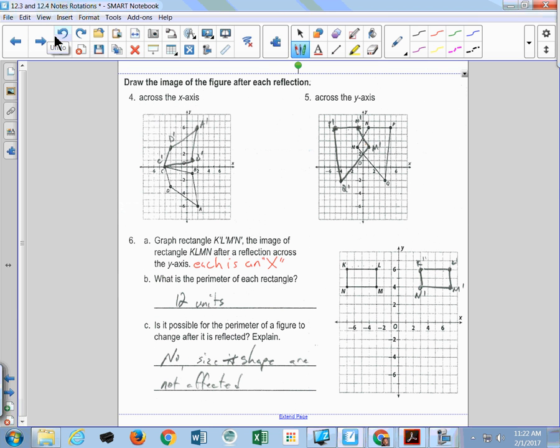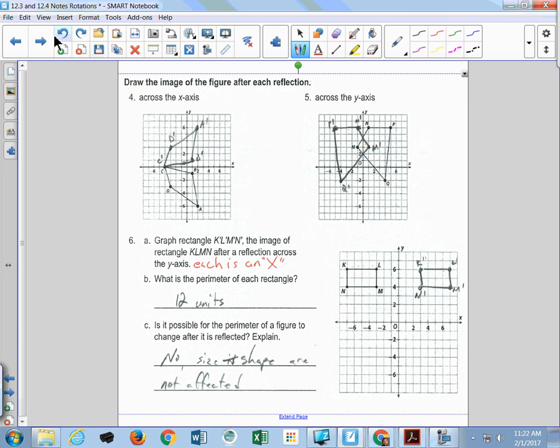All right, on that page, continuing, on the bottom you have 4 and 5. You just had to draw the pictures. You had to label them and connect the dots. Same as before, 2 points each on those if they did not put the label or connect the dots.